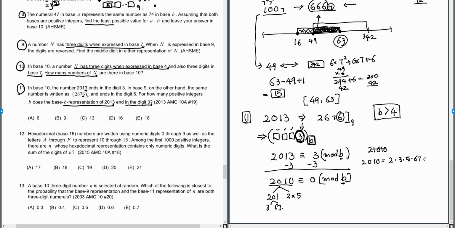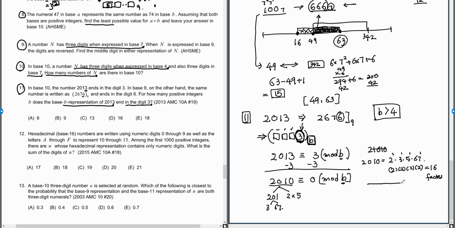That's true, right? So how many factors are there? Can you find it? You know that it's 2 to the 1, 3 to the 1, 5 to the 1, 67 to the 1. You add 1 to each exponent: 1 plus 1 is 2, another 2, another 2, another 2. So the total number of factors is 16.